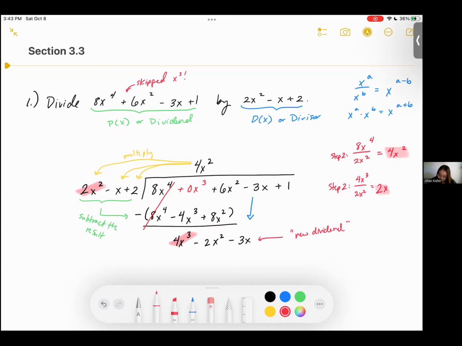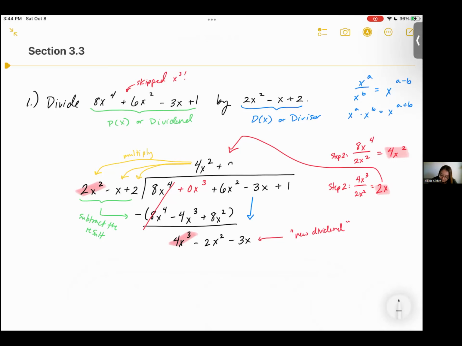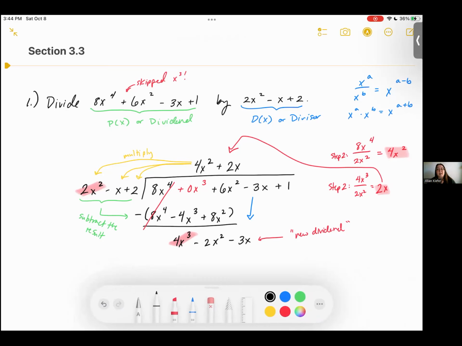So you're going to take that term and you're going to put it right next to the last term of the quotient above the house. Since it's a positive 2x, you just write plus 2x. If it were negative, you would write minus instead. But so we now have plus 2x. So we take that answer, we put it on the next term in the quotient.